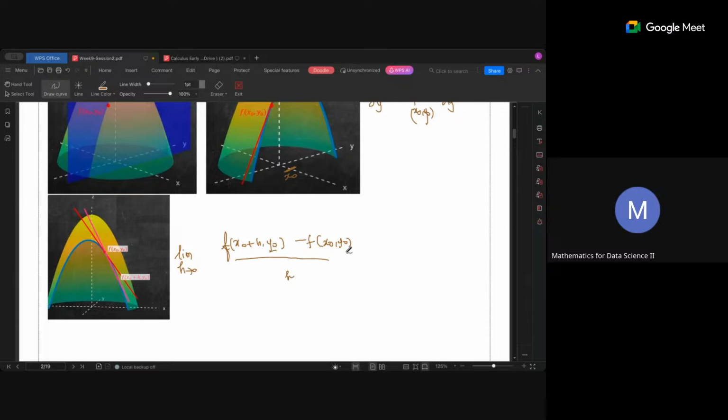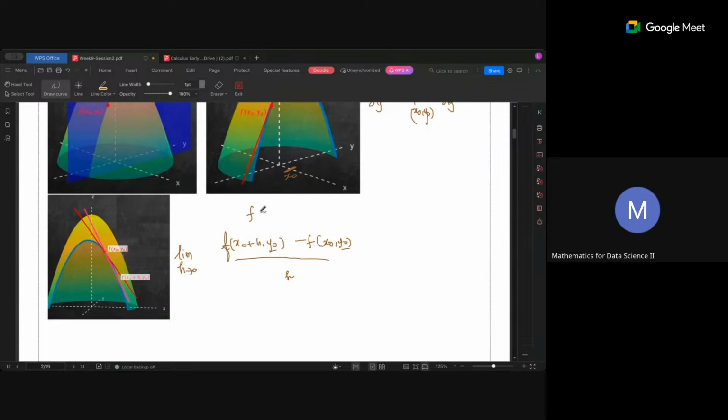So here y naught is fixed. So this is your partial derivative with respect to x, right? Here you are fixing your y and varying your x values. The same limit is what we saw in the case of one variable also, right?